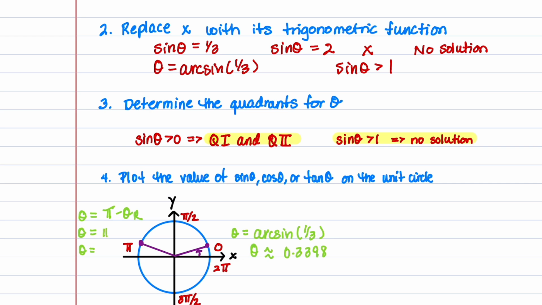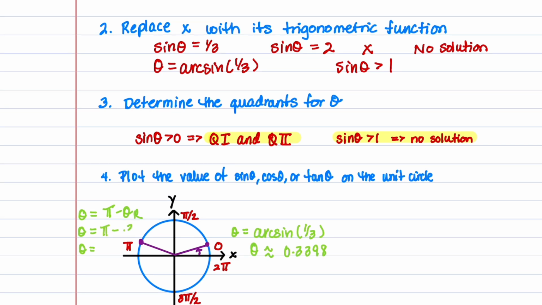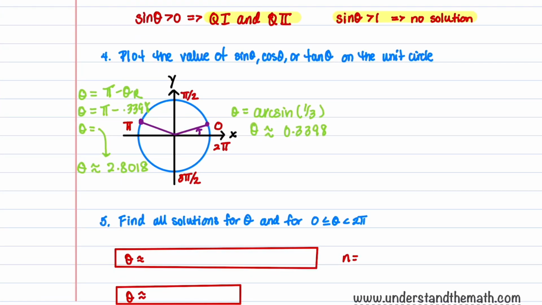So this gives us pi minus 0.3398. So this gives us a value that theta is approximately 2.8018.